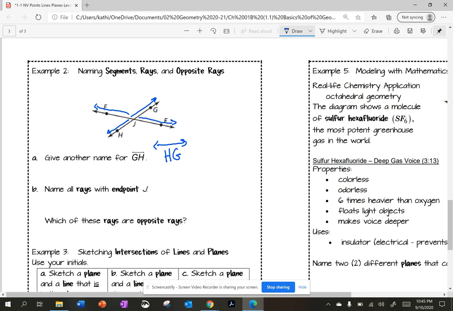J is the endpoint, so J must start all of them. So ray JH, ray JF, ray JG, and ray JE.